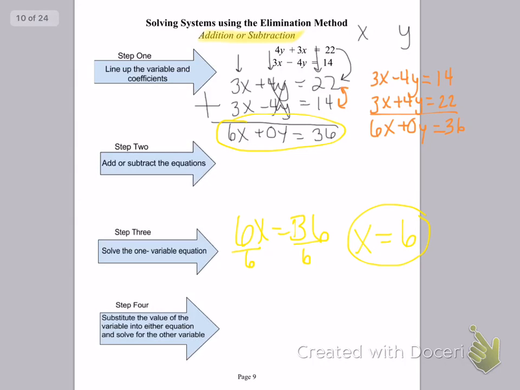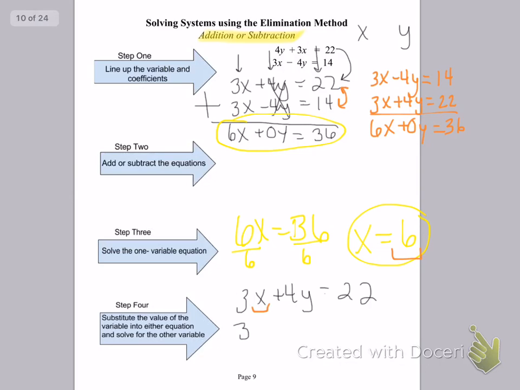And then lastly, step 4, it says to substitute that value to find your other value. So we have our x. Let's go ahead and use the first equation. We've got our 3x plus 4y equals 22. We're going to take our 6 and plug it in for this x.